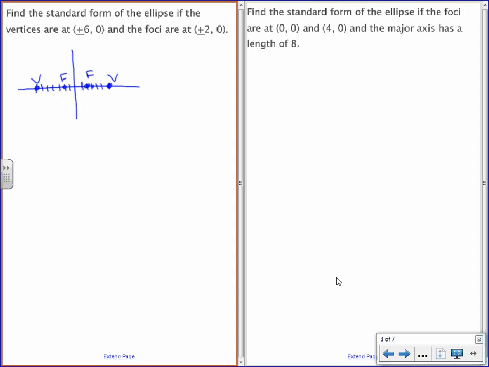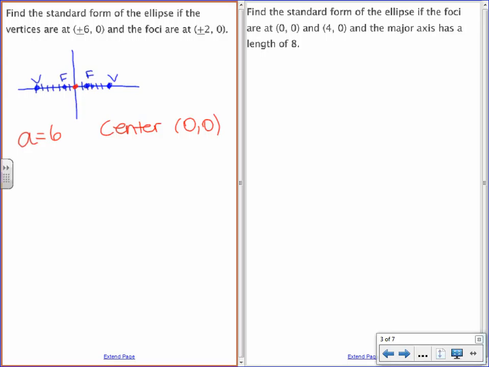Okay, and what is A? All right. Pod 2, what's something else you identified from the picture? The center was at 0, 0. Okay, so here's our center because it's in the center of everything. And then pod 1 said, okay, well, our vertices have to be A away, so A is 6.